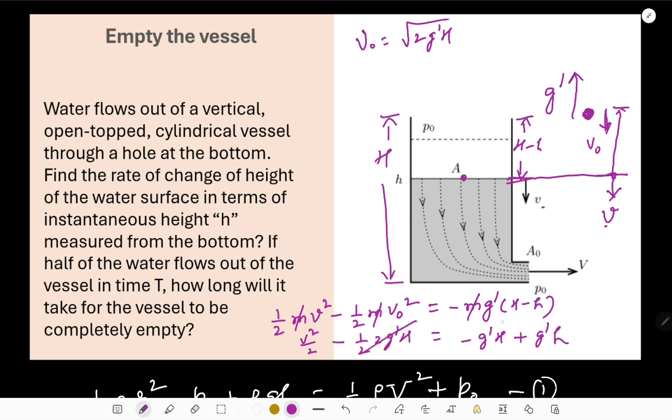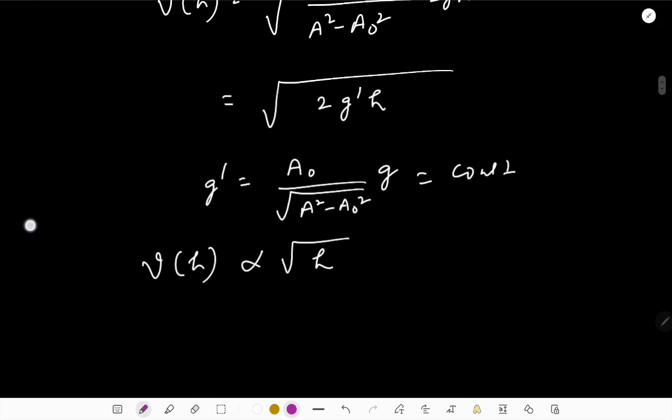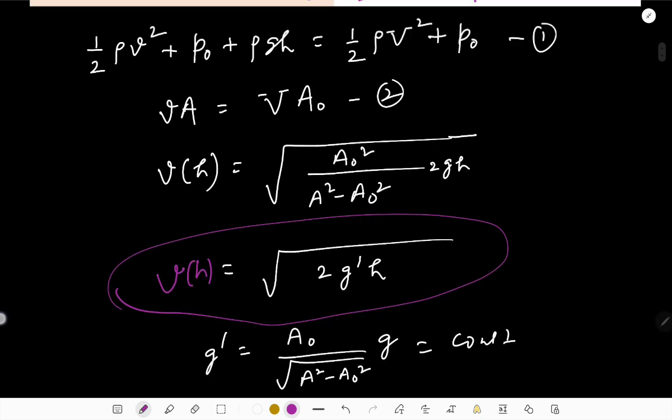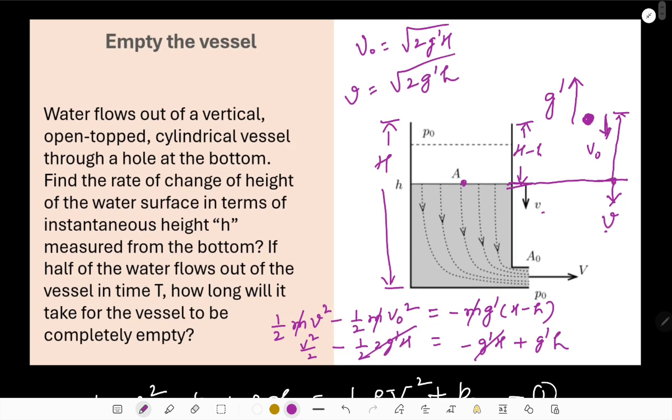And you can see you can cancel them both, and now you got what? v equals under root 2 g dash h. We just obtained this value, and this value is the same.